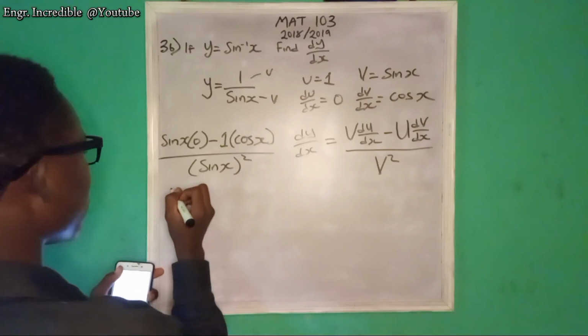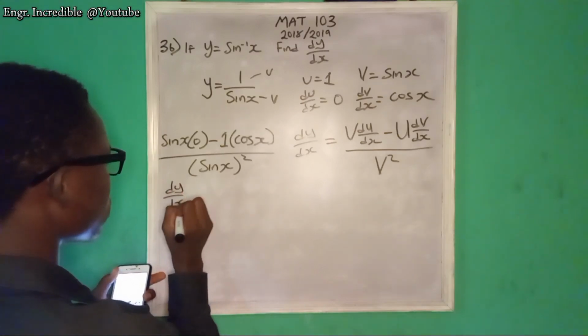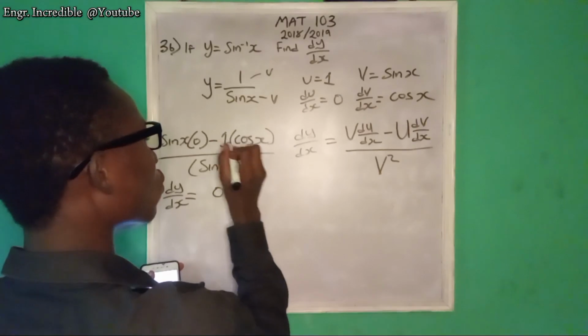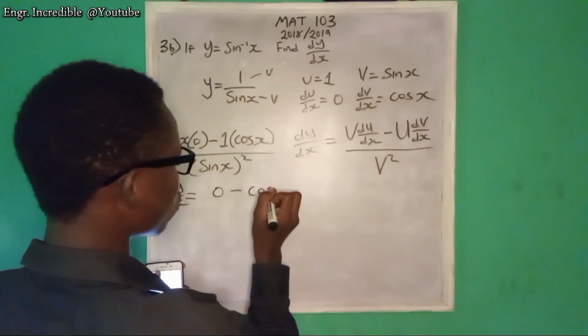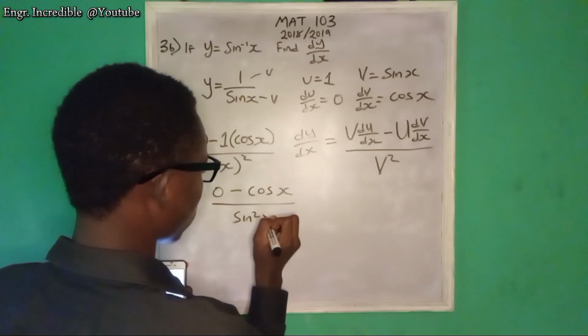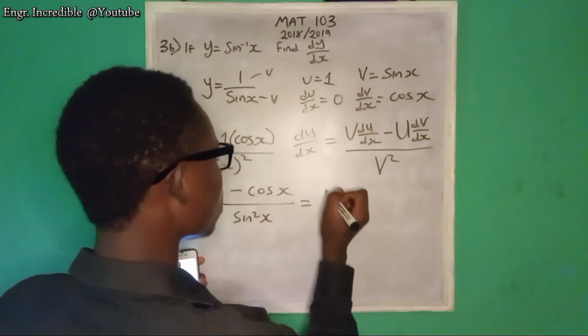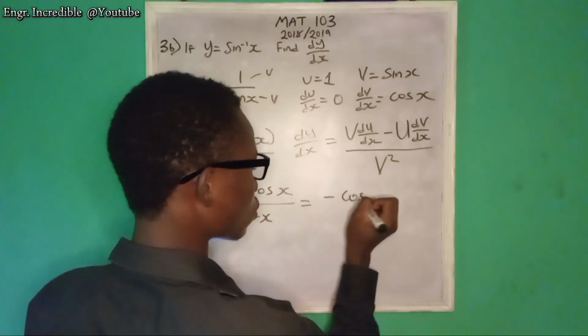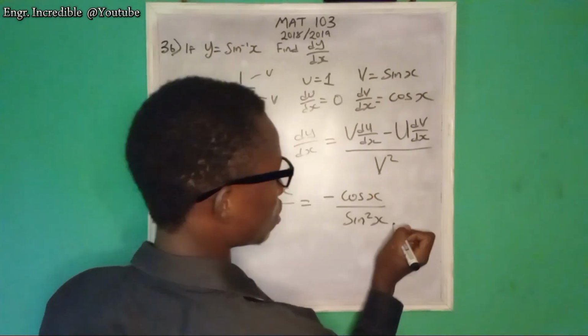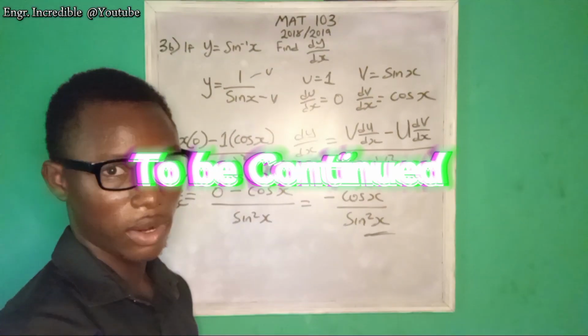So if we simplify this, we have dy dx is equals to sine x times 0, we have 0, minus 1 times cos x, we have cos x, divided by sine squared x. So our final answer will be equals to minus cos x over sine squared x. So this is our final answer.